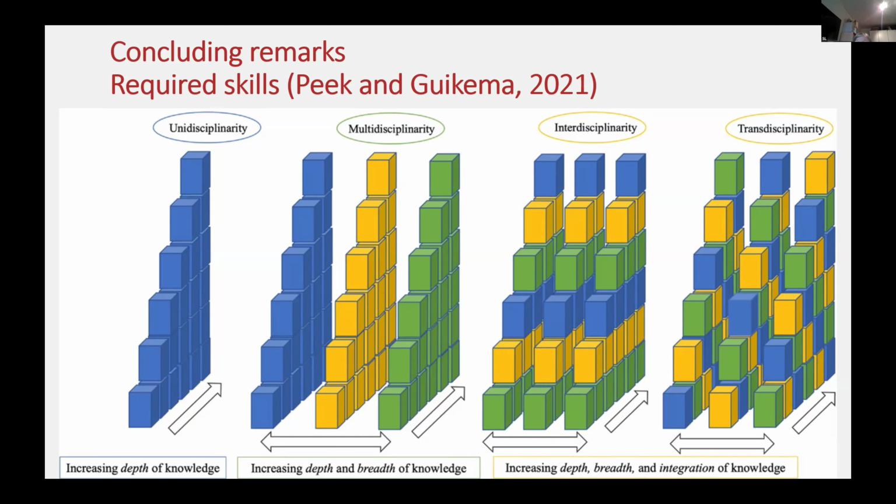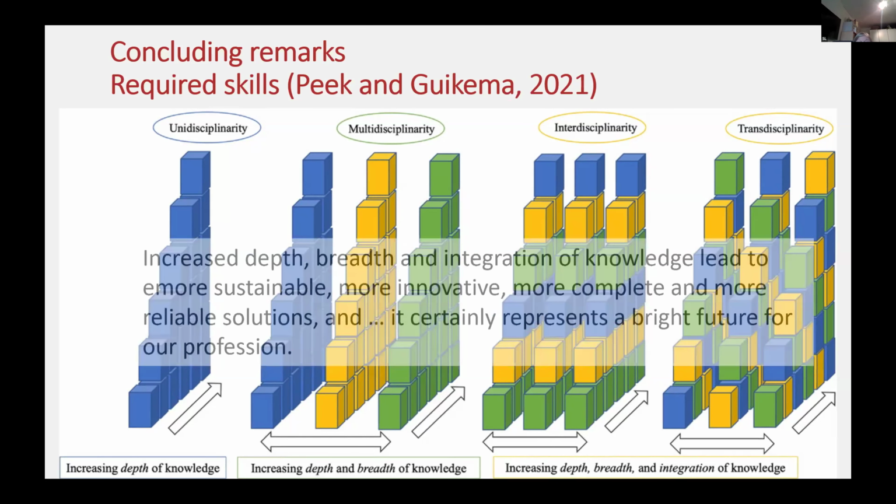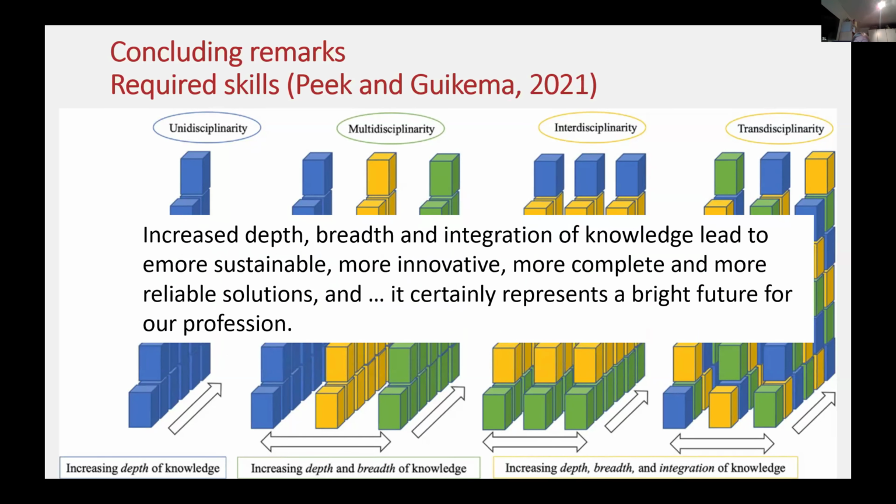Then interdisciplinary, but what we need today is this cross-disciplinarity on the right. So we need increased depth, breadth, and integration of knowledge that leads to more sustainable, more innovative, and more complete, more reliable solutions. And it certainly represents a new way of looking at geotechnical engineering, and I think that's very promising for the future. This completes my presentation.